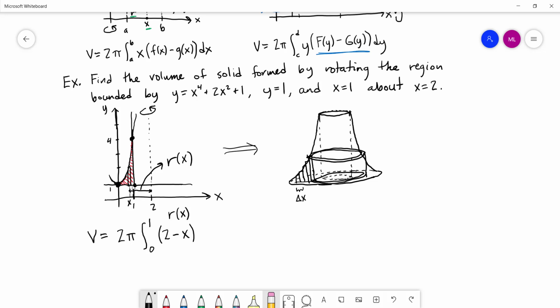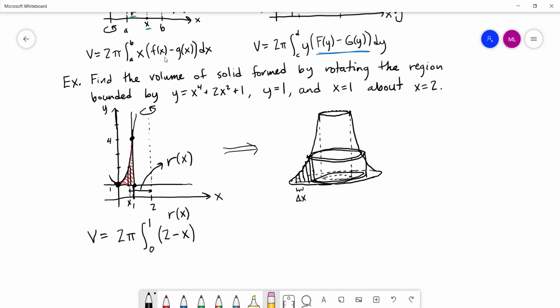If we are looking at rectangles towards the right end at x equals 1, the radius would be very close to 1 because x would be close to 1, and we'd have 2 minus 1 being 1. So this formula is the radius. It's the distance from the axis of rotation to the particular point of interest for whatever rectangle we happen to be looking at.